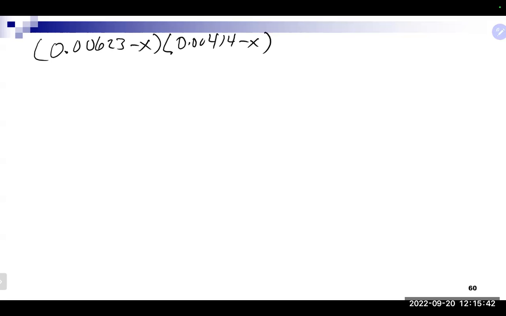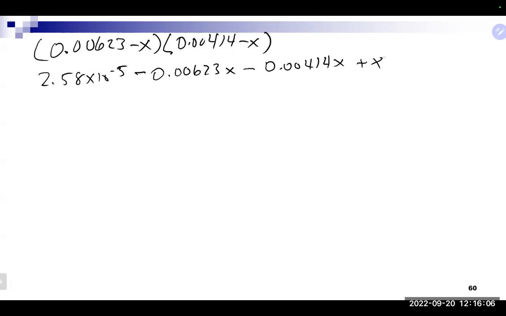If we do that, we end up with 2.58 times 10 to the minus 5 minus 0.00623x minus 0.00414x plus x squared.